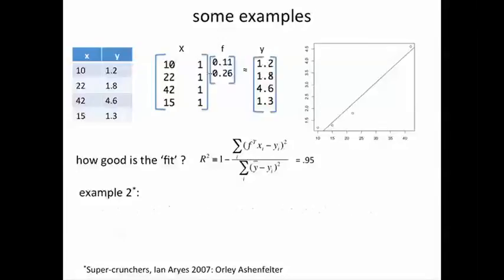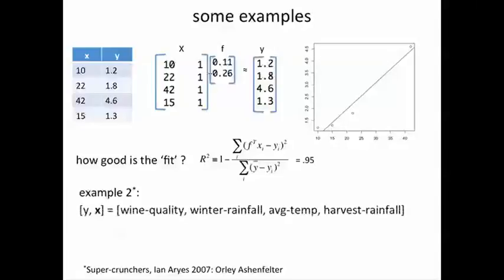He tells the story of a wine expert called Orley Ashenfelter, who predicted the quality of wine based on the winter rainfall, the average temperature, and the harvest rainfall in a season. So Ashenfelter could predict how good a particular wine would be depending on the weather in the growing region for that wine, and do this much before the wine hit the market.